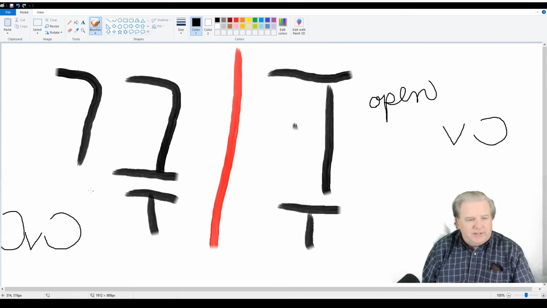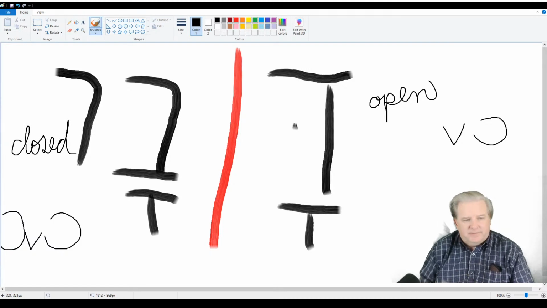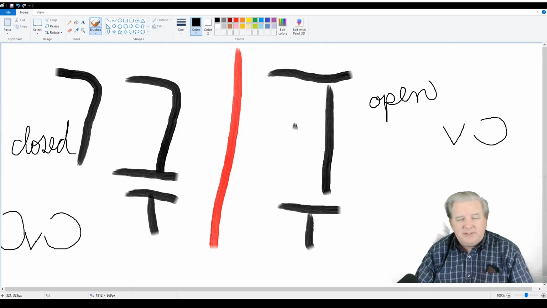And this one would be a closed syllable. Okay? Open is a consonant and a vowel without another consonant. Remember that all syllables begin with a consonant. And the other syllable is a closed syllable, which begins with a consonant, has a vowel, and also has another consonant.